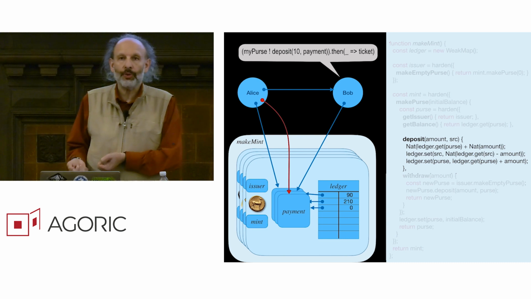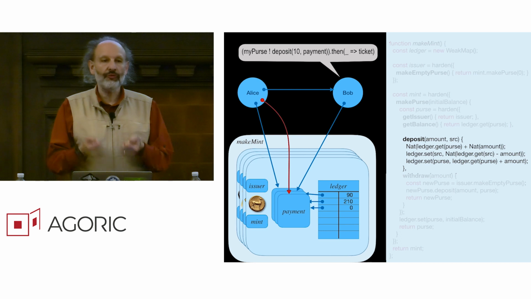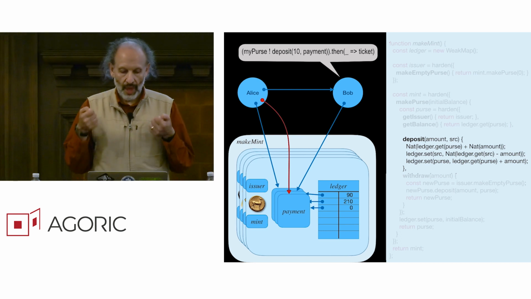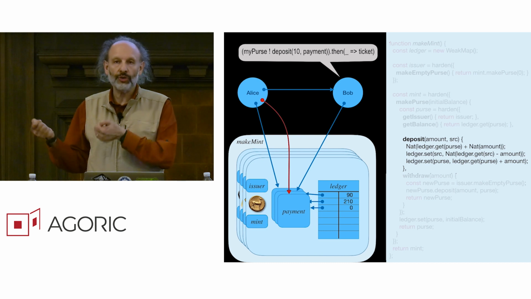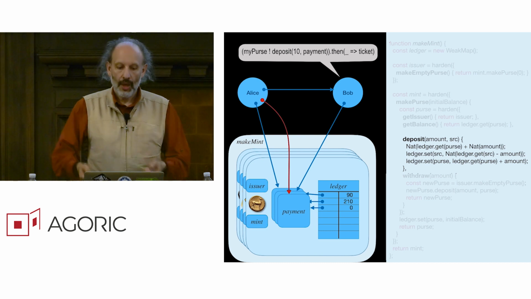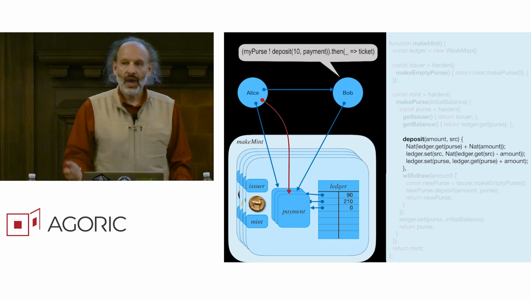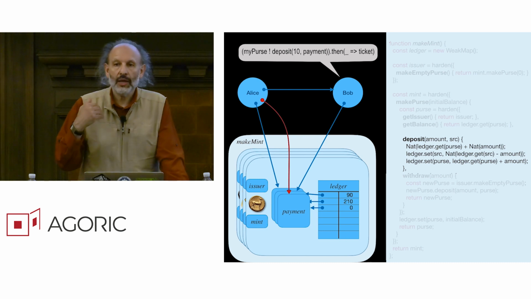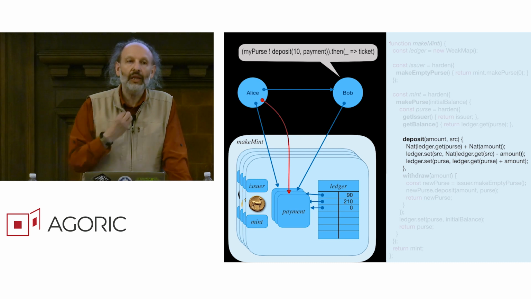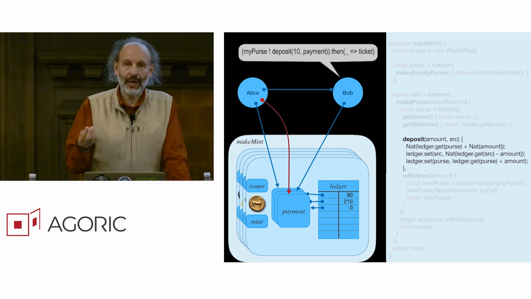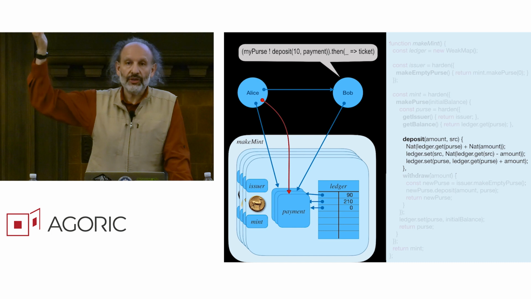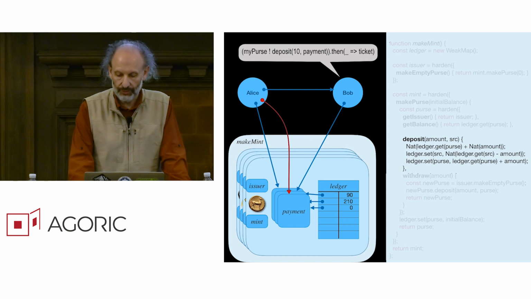Even if it's a legitimate purse of some other currency, it won't be found in this ledger. And having found it in this ledger, it can now update the ledger to transfer the $10 back into Bob's main purse. And it's only when the deposit message acknowledges success that Bob knows he's been paid and releases the concert ticket to Alice.